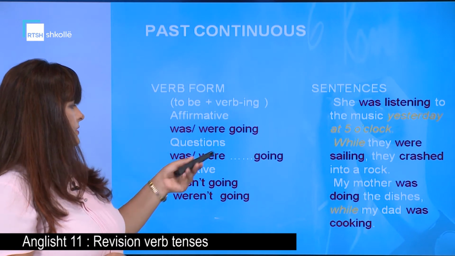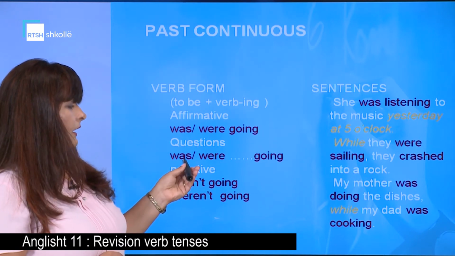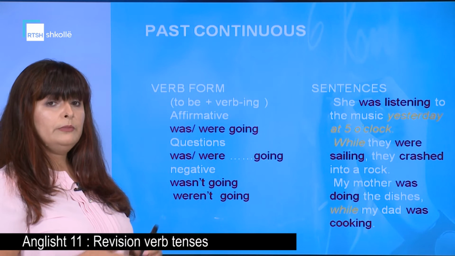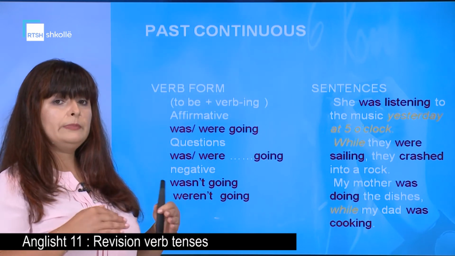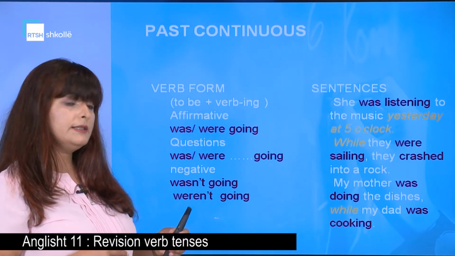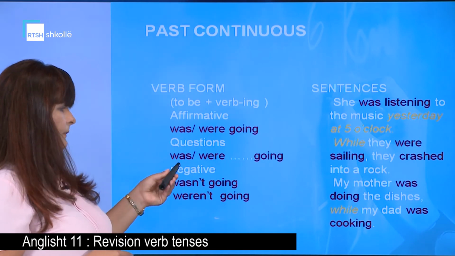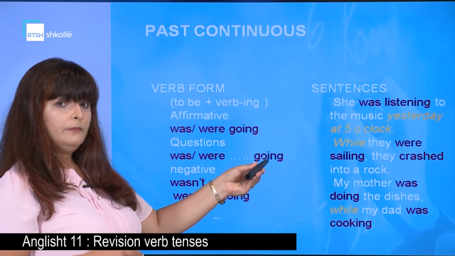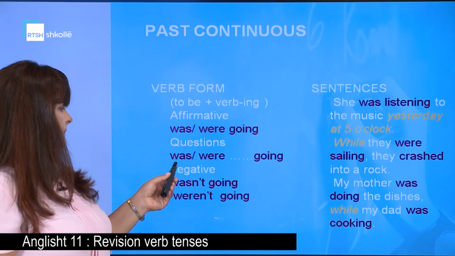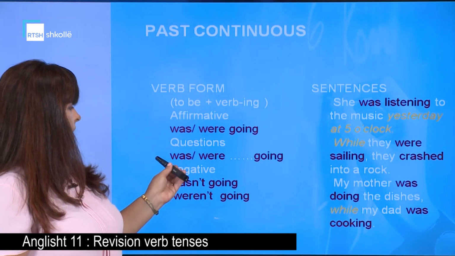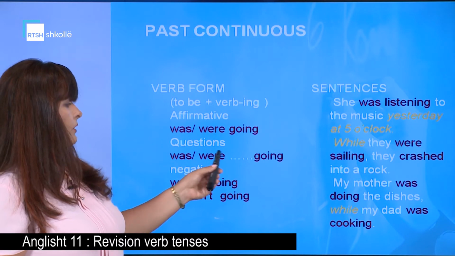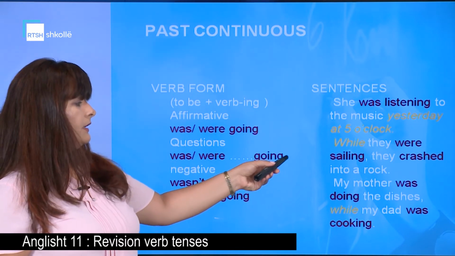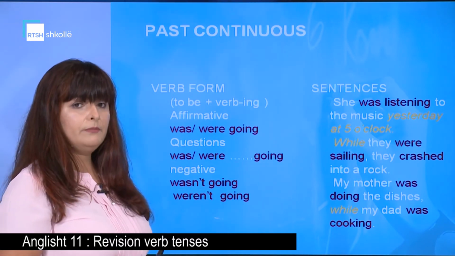What about the question form? I'm repeating it again. To make a question, we should respect the structure. The structure is auxiliary verb, subject, and the main verb. Let's make a question. What were you doing yesterday when I came?